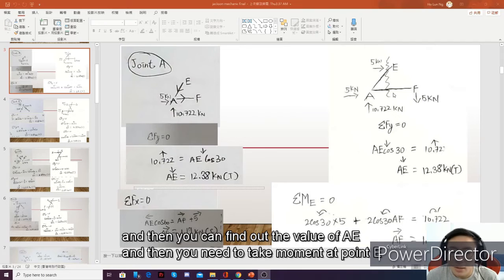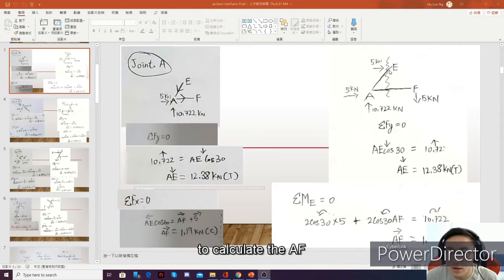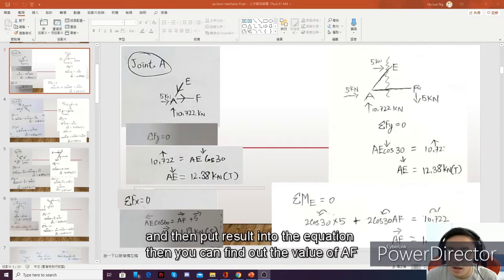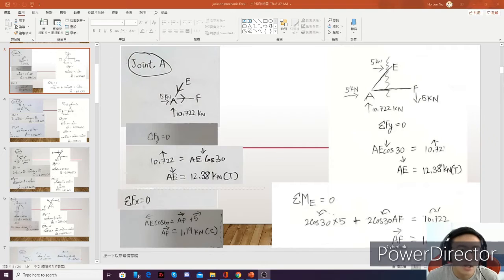Then you need to take moment at point E to calculate AF. And here is 2 times cosine 13, which is the horizontal distance between point E and AF. Then put the values into the equation, and you can find out the value of AF.